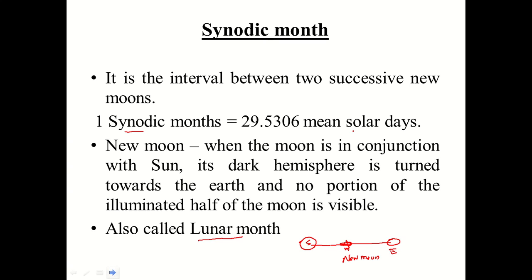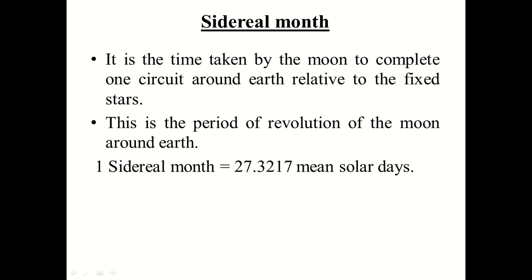mean solar days. Now let's consider the sidereal month. While discussing the year, we mentioned the sidereal year. Sidereal refers to the position of the reference object with respect to the fixed stars. So here the reference point is the fixed stars. Definitely, the sidereal month will be the time taken by the moon to complete one circuit around the earth relative to the fixed stars.